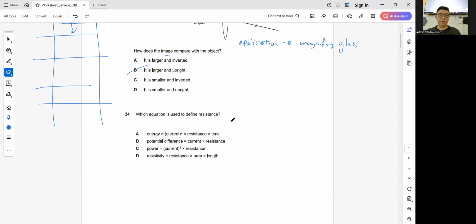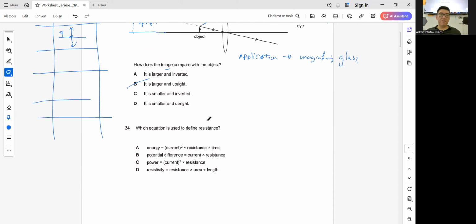All right, moving on. Which equation is used to define resistance? Interesting. What do you guys think? So we have energy equals I squared RT.